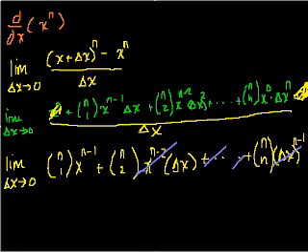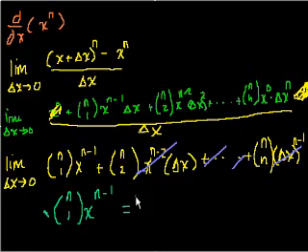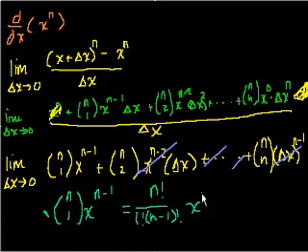So all we're left with is that this is equal to n choose 1 of x to the n minus 1. And what's n choose 1? That equals n factorial over 1 factorial times n minus 1 factorial, times x to the n minus 1. 1 factorial is 1.